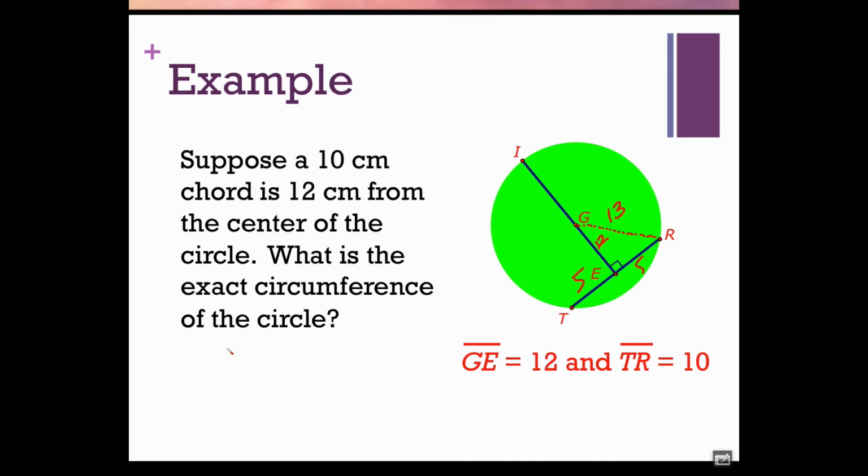Well done. Or did you do 5 squared plus 12 squared equals GR squared? Attaboy. And therefore the answer is 26 pi. Circumference is 2 pi r, and 2 pi times 13 is 26 pi. Realistically, no farmer is measuring the circumference of his silo as 26 pi.